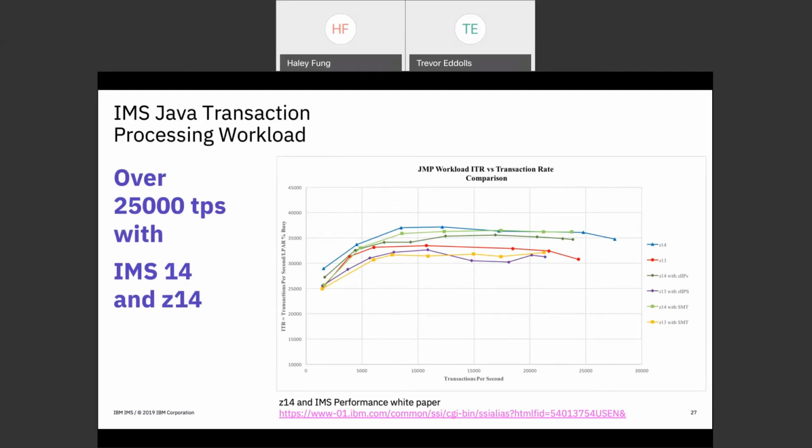This is just a fact to show you that at this stage it is very different from 10 years ago. The Java support on System z and in IMS is definitely production ready. So we're really encouraging our customers to take a look at it to leverage some of the benefits of the Java platform running on Z.